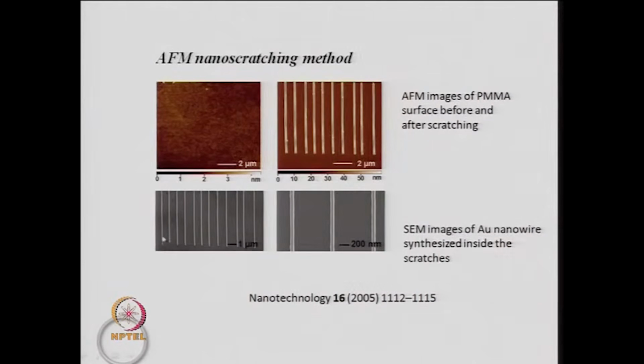So, you have deposited gold on top, and this is then a SEM picture of the nanowires which have been deposited in the nano grooves. And if you take a closer look, so you come close to this one or two nanowires, you can easily find out, and you can do an EDAX analysis and see that this is typically gold which has been embedded in the system.